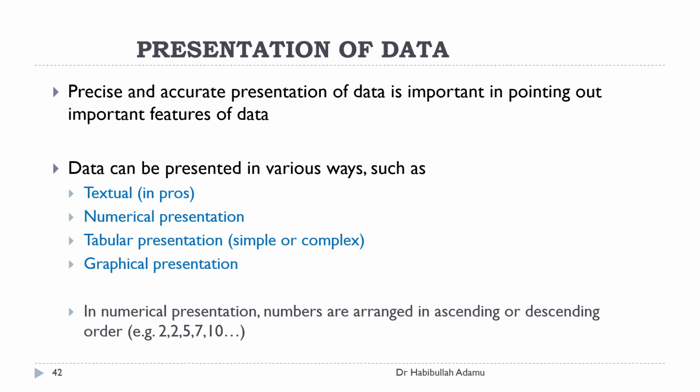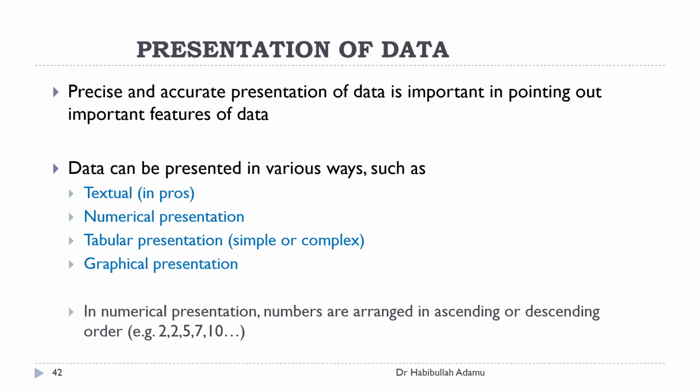If the data is quite large, maybe you are dealing with complex data containing different variables, you can organize it in a table and present it in a tabular form. And then you can decide to use graphs. There are different types of graphs that can be used, and so on and so forth.